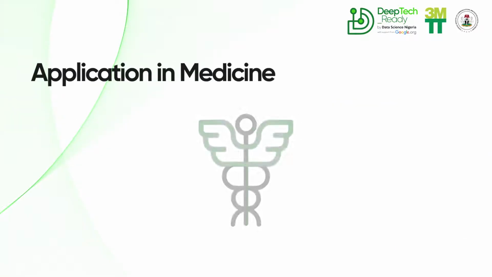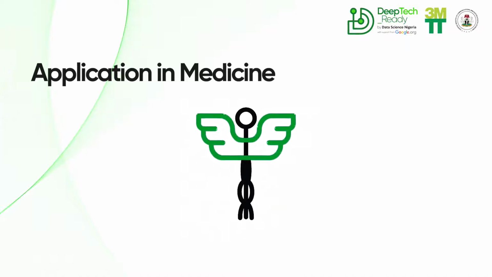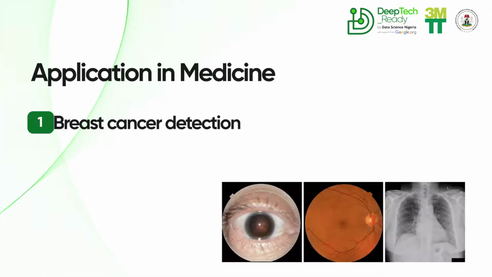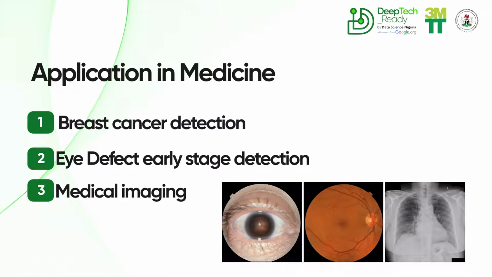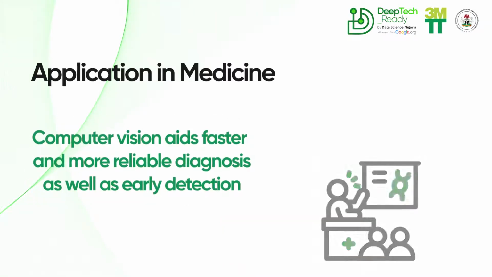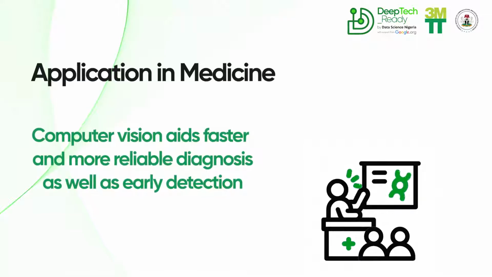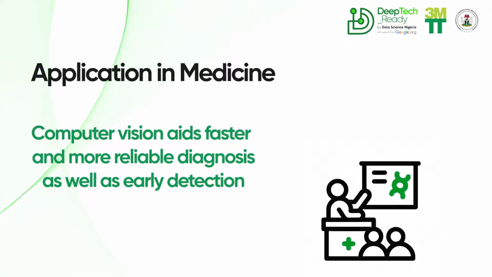Computer vision is also applicable in medicine. With computer vision, you can solve breast cancer detection problems, eye defects early stage detection, and medical imaging problems. There are different medical problems, and with the aid of computer vision, diagnosis is made faster, better, and quicker with accurate precision.